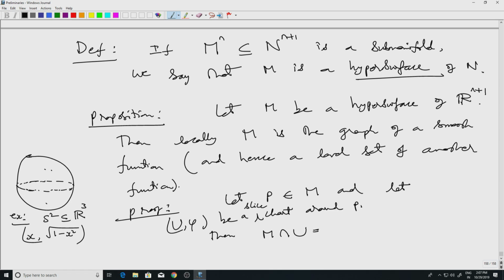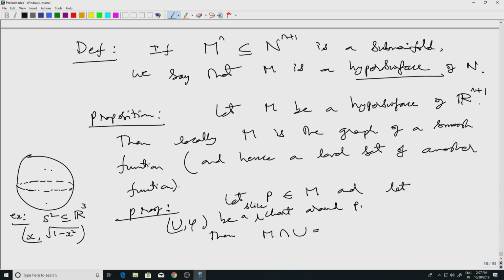Now a slice chart by definition has the property that the portion of U which intersects with M is taken, in the case of a hypersurface, by phi to R^n. In other words, the last coordinate becomes 0.